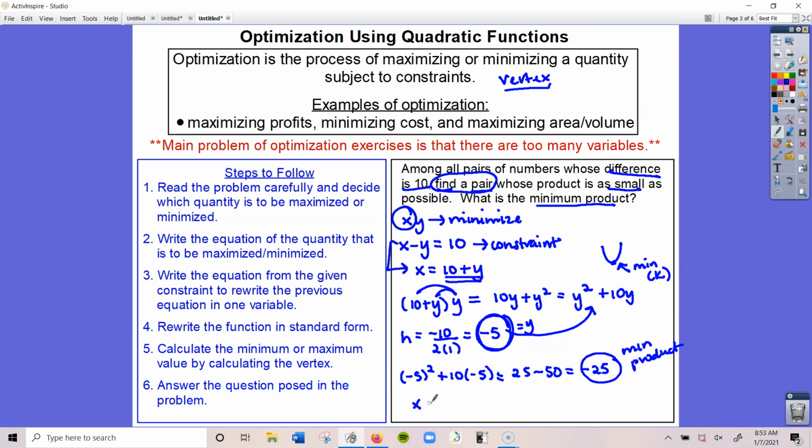So x minus negative 5, so plus 5, is equal to 10. And if I solve for x, I get that x is equal to 5. So my pair of numbers is 5 and negative 5. So these are my final answers, my minimum product and my pair.